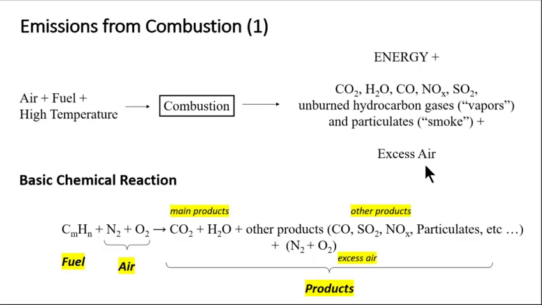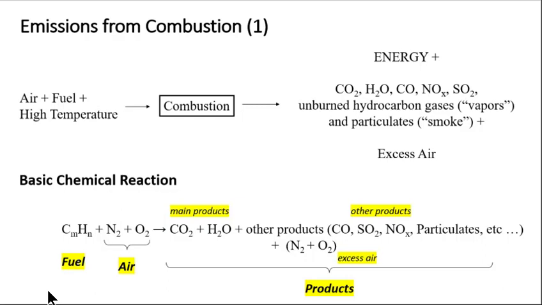Finally, some of the air that was not consumed in the combustion process passes out in the exhaust. The bottom, more detailed depiction of the chemical reaction makes this more clear. We indicate a hydrocarbon fuel as CmHn, where m and n can be any number unique to the particular hydrocarbon fuel.